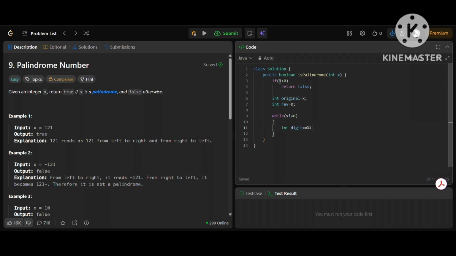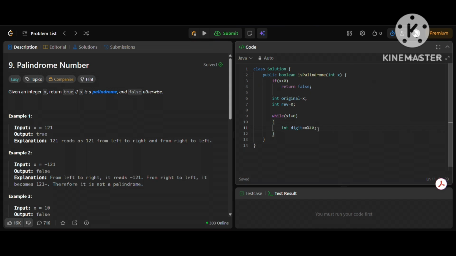We'll take it into the variable called digit, or you can give any other name also. So for the number 121, the digit contains the number 1 first, because x percentage 10 is when x is divided by 10, whatever the remainder is left, that will be taken into the variable digit. So that is 1, the last one, the right side one.